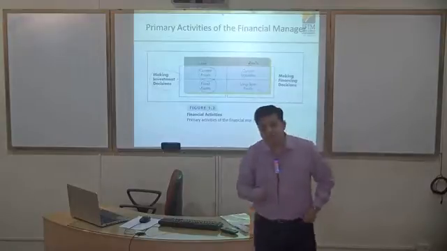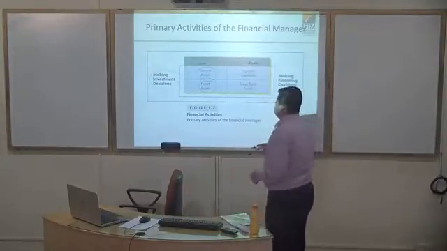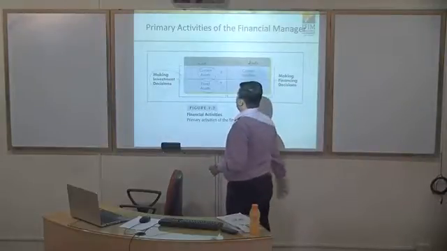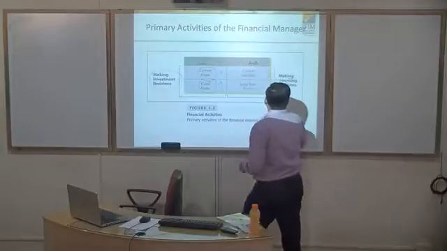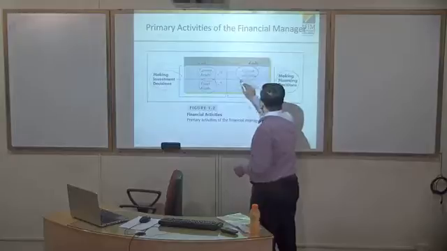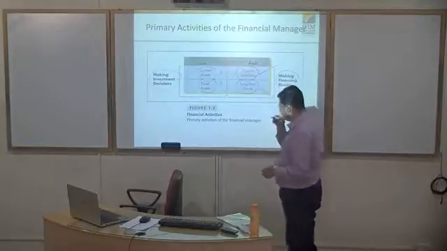One of the primary functions of a financial manager is to make investment decisions on current assets and fixed assets: how much money I should put here and how much I should put here. And there are decisions in terms of liabilities: how do I fund these? How much long-term funds and how much current liabilities should I get to run my business?